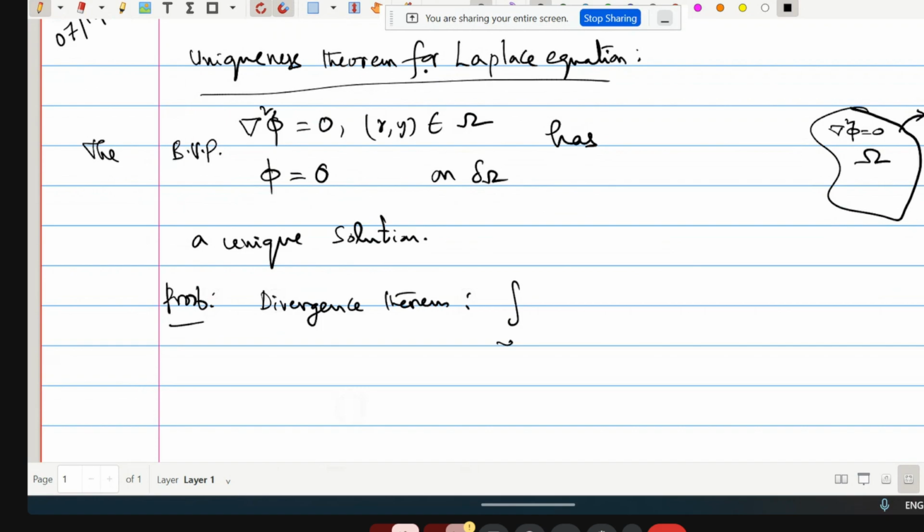Let's consider this need not be even R3, so what is the divergence theorem in R2? Is there something called the divergence theorem in 2 dimensions?